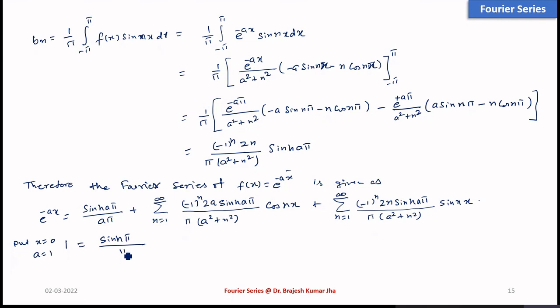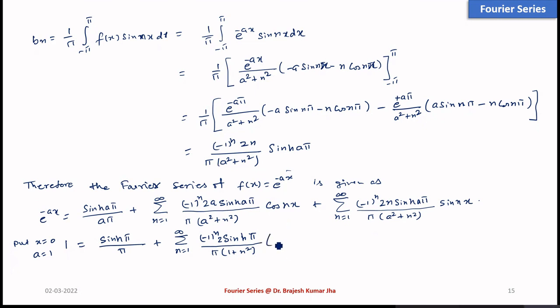sinh pi upon pi plus, what we can write, summation n equals 1 to infinity, minus 1 to the power n sinh(a pi). So it is going to be sinh pi only, and 2 also you could write upon a square plus n square, so we can write pi into (1 plus n square), that we have taken common in both.